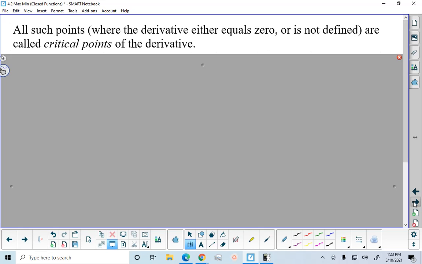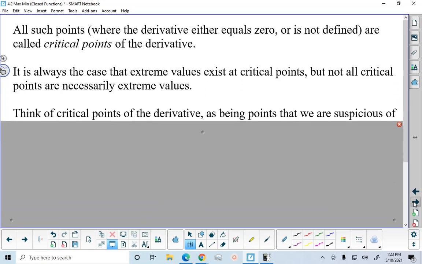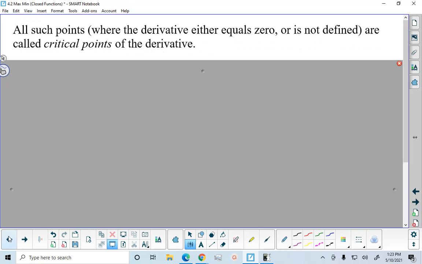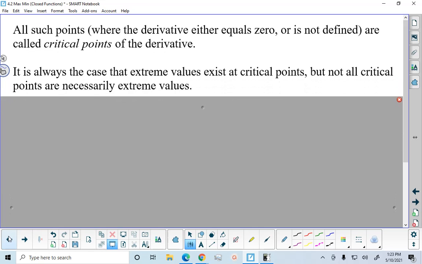All right, one other point I want to make. No, we'll make it later. So, no, I better make it now. These points where the derivative is 0 or not defined are called critical values of the derivative. Now, listen very carefully. This is tricky. Whenever you have a maximum or a minimum on a function, it has to occur at a critical value.